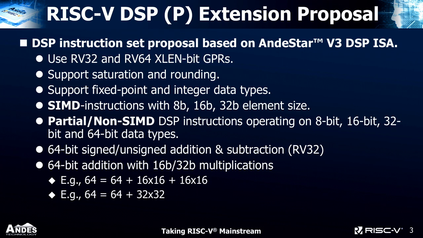There are also some partial SIMD and non-SIMD instructions operating on 8-bit, 16-bit, 32-bit, and 64-bit data types. For RV32, it has 64-bit signed and unsigned addition and subtraction instructions. And it also includes 64-bit addition with 16-bit and 32-bit multiplication reduction instructions.